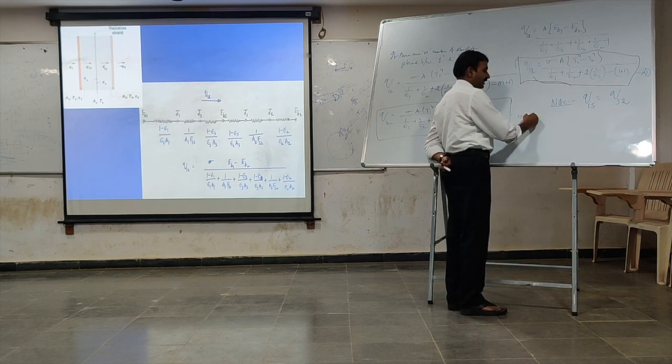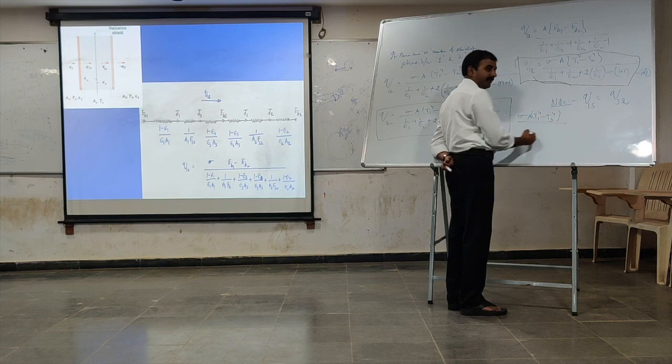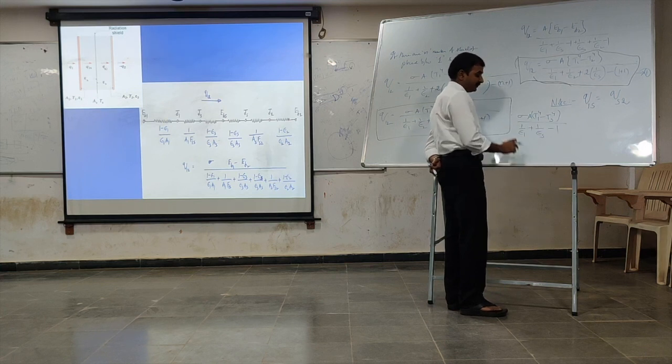Sigma A (T1 to the power of 4 minus Ts to the power of 4) divided by 1 by epsilon 1 plus 1 by epsilon s minus 1.